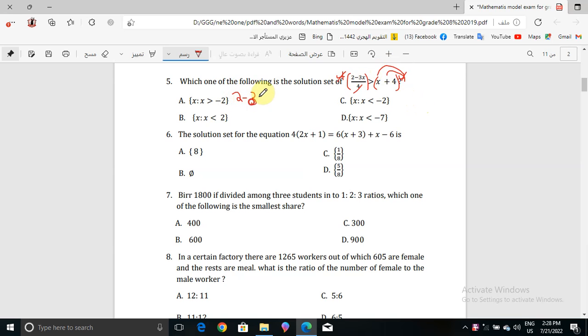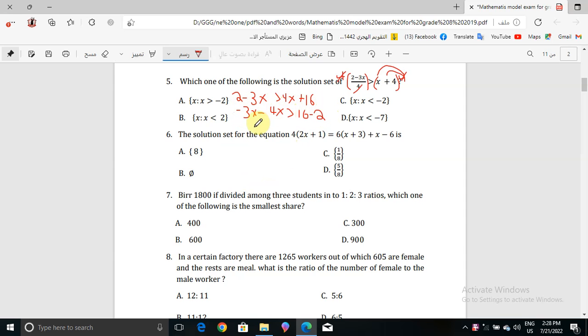So 2 minus 3x greater than 4x plus 16, right? Then we'll move negative 3x to make negative 4x, which is greater than 16 minus 2.